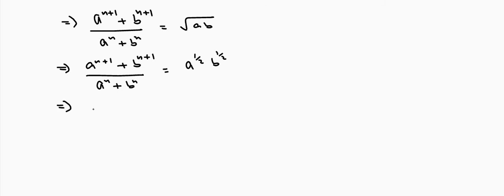That implies a raised to n plus 1 plus b raised to n plus 1 is equal to a raised to 1 by 2 into b raised to 1 by 2, whole into (a raised to n plus b raised to n).